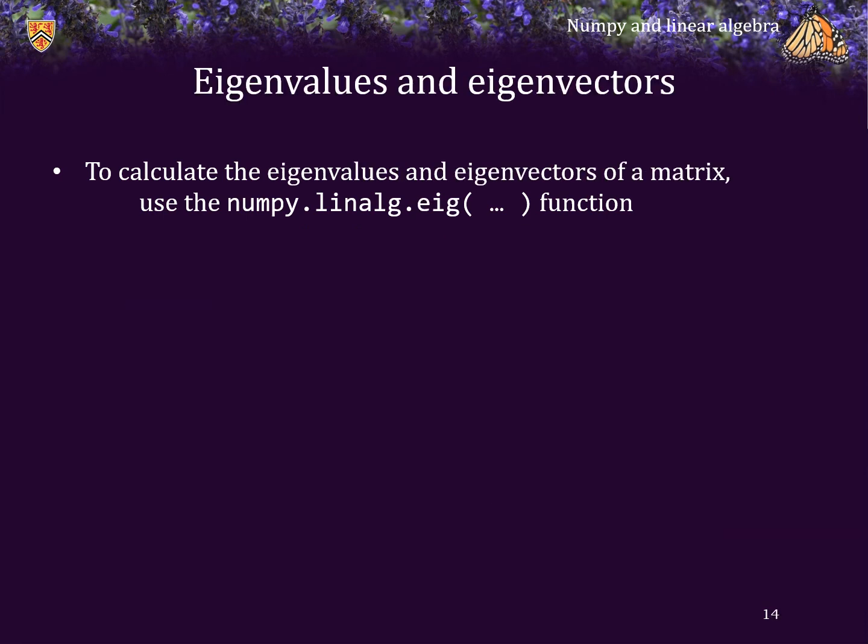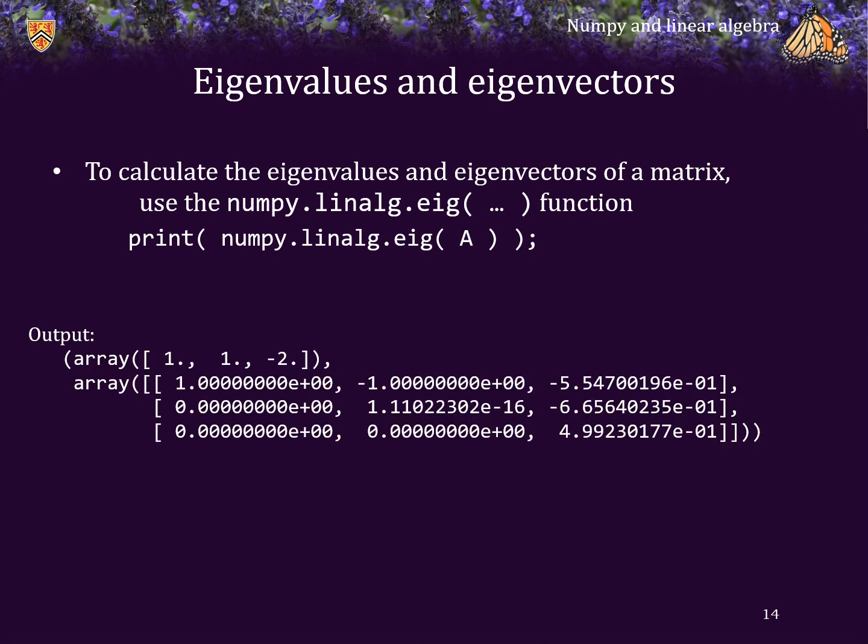To calculate the eigenvalues and eigenvectors of a matrix, we use the eig function in the linalg subpackage. So, if we wanted to print the eigenvalues and eigenvectors of the matrix A, you'll recall that matrix A was upper triangular, and therefore the eigenvalues are the diagonal entries, 1, 1, and -2.